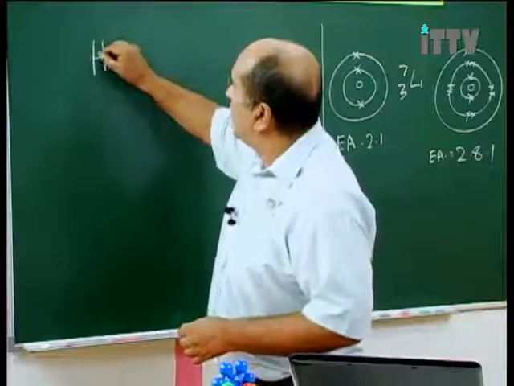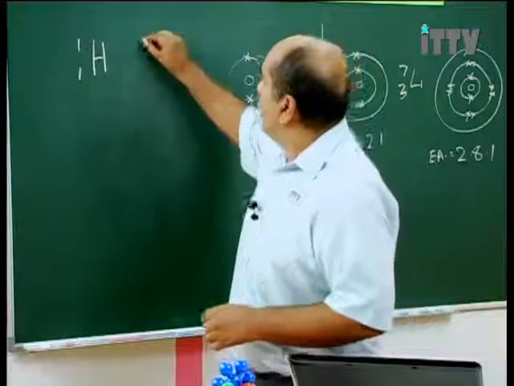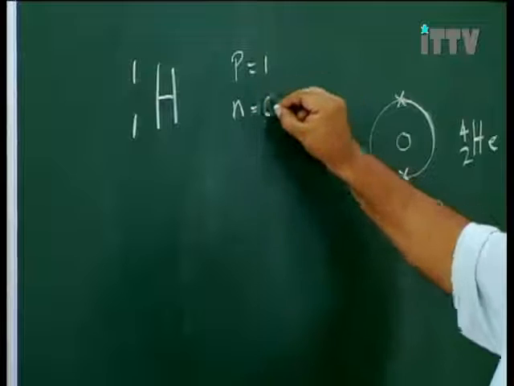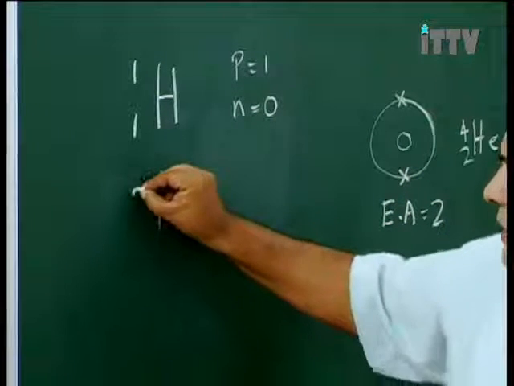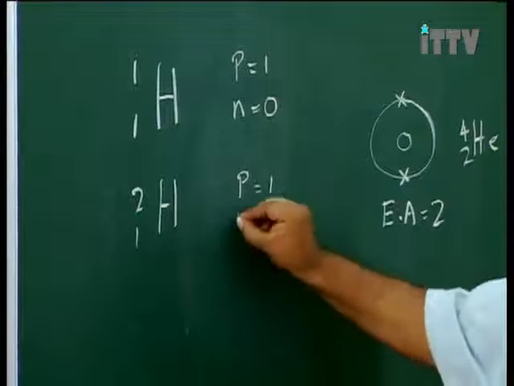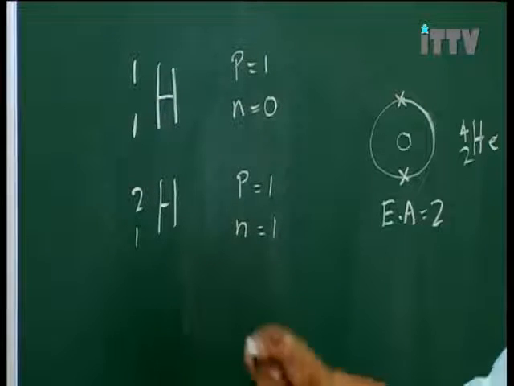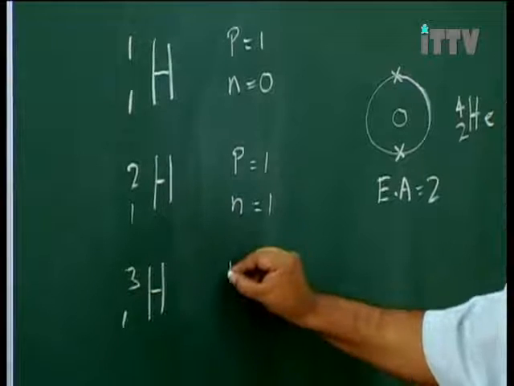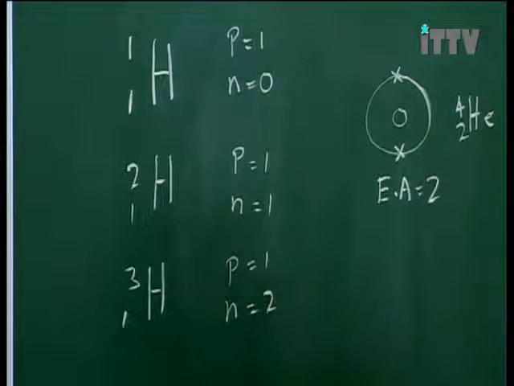Like I said, we have hydrogen 1,1. Now in hydrogen 1,1, proton equals 1, neutron equals 0. In hydrogen 2,1, the proton number is still 1. The neutron number is 1. And in the third hydrogen, 3,1, the proton is 1, the neutron is 2.